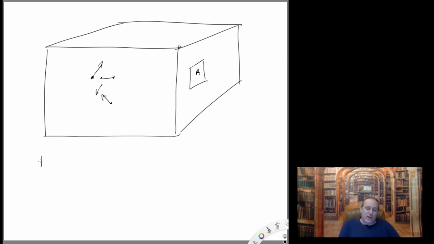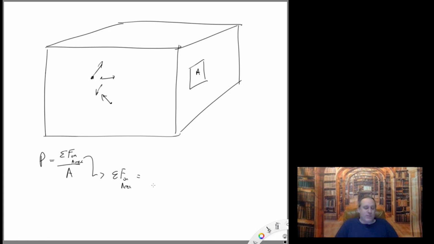So we're going to say the pressure is going to be equal to the net force on the wall, or I guess I should say on the area, because it's not the whole wall, it's just a little area we chose. And then we're going to do some statistics to figure out how many particles per second would be hitting that area. So the net force on the area is going to be broken into two pieces.